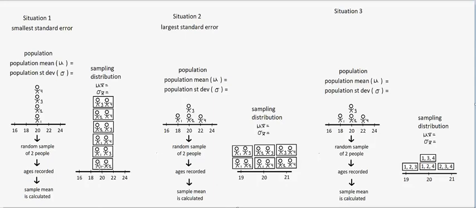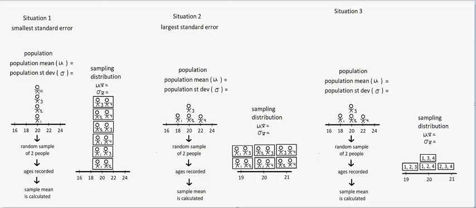If person 1 and 2 are selected, that'll be two 20-year-olds, and the mean will be 20 because 40 divided by 2 is 20. If person 1 and 3 are selected, that'll be two 20-year-olds, and the mean will be 20 because, well, 40 divided by 2 is 20. So in this situation, the population members are all the same age.